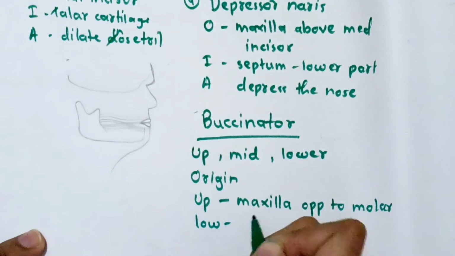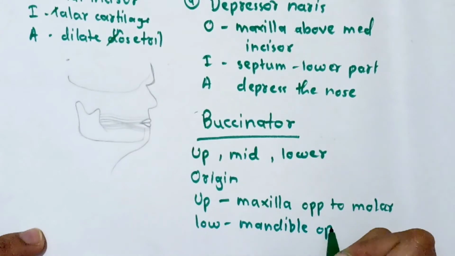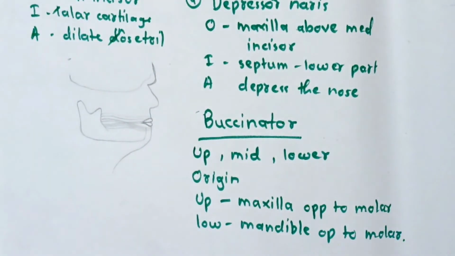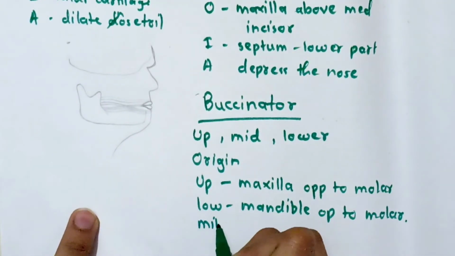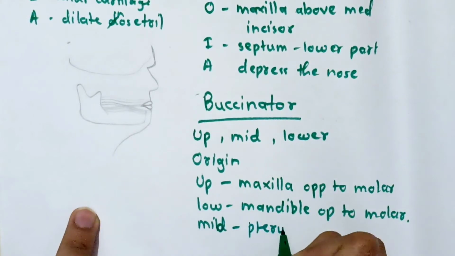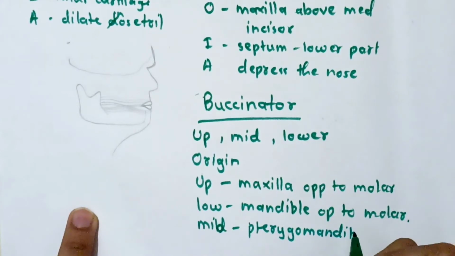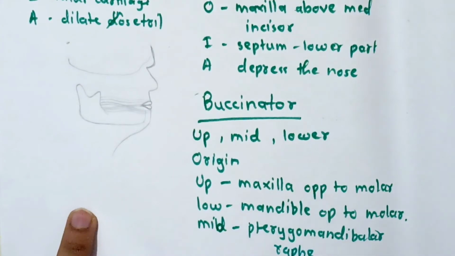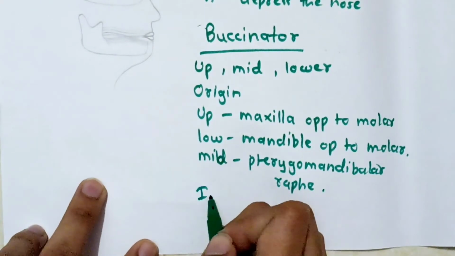The lower fiber is from the mandible, also opposite to the molar teeth of the lower part, and the middle fibers originate from the pterygomandibular raphe.